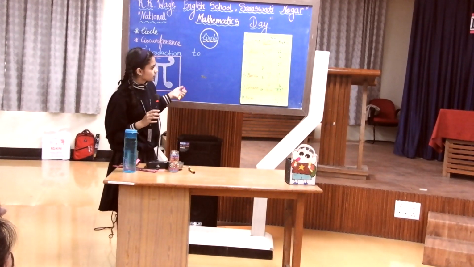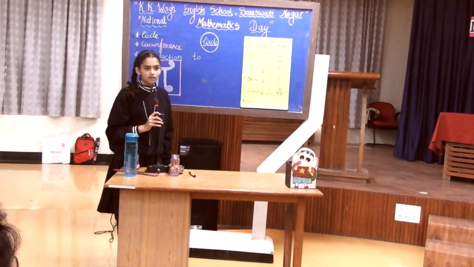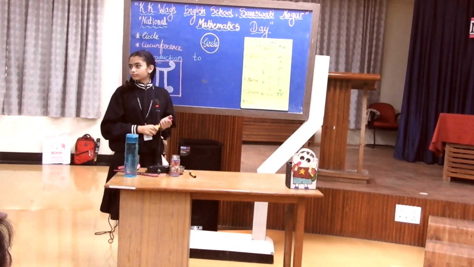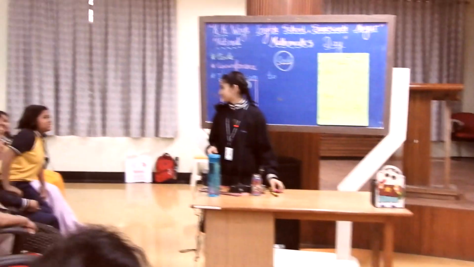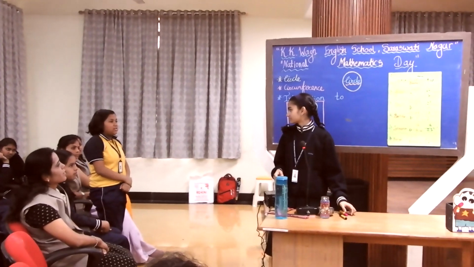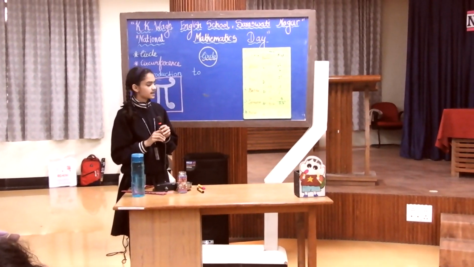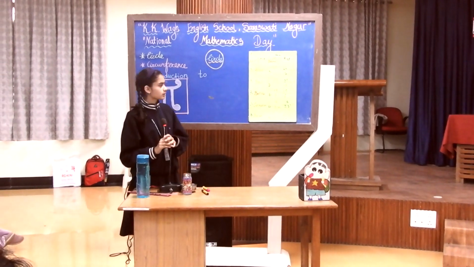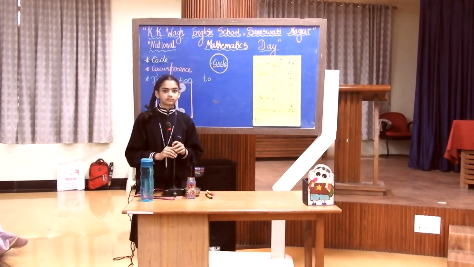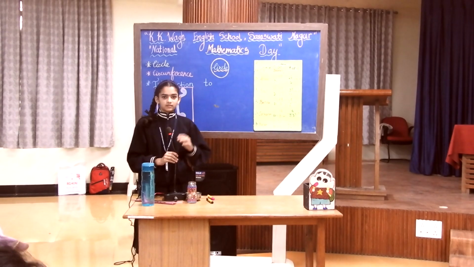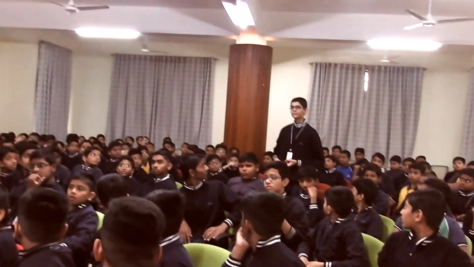So what we can conclude from this? Can anyone tell? Yes? The relation between the diameter and circumference. Yes, it's our aim to study the relationship between circumference and diameter, but what can we conclude? Yes, so the ratio remains constant.